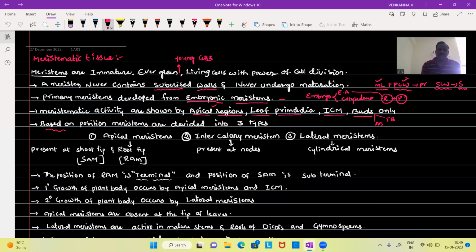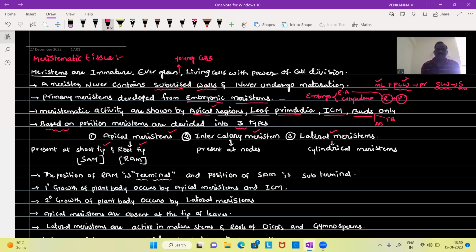Based on position, meristems are divided into three types. The three types are: one is apical meristem, second is intercalary meristem, and the third is lateral meristem. Apical meristems are present at apices. They are present at the shoot tip and root tip, the apex of root and apex of shoot.